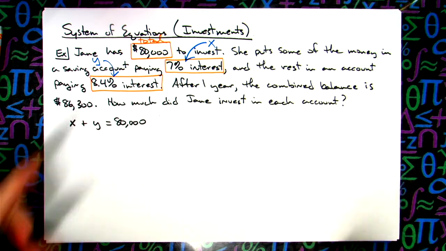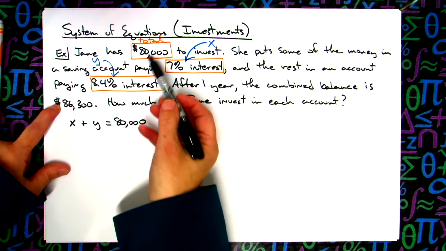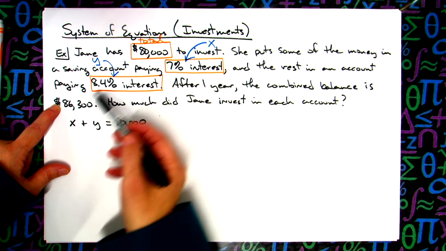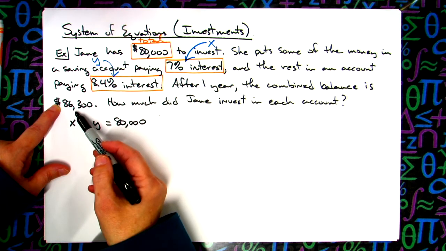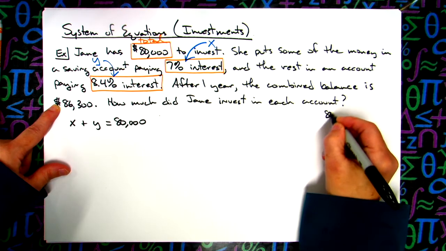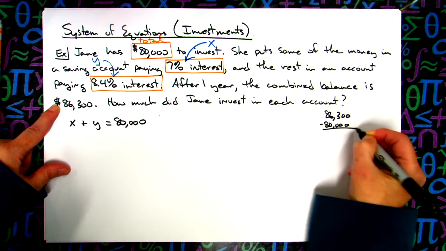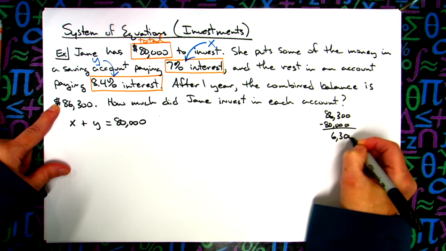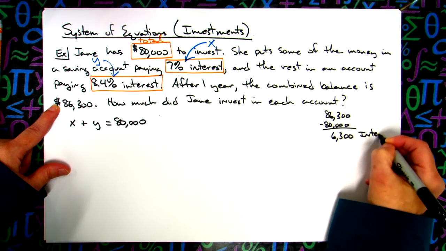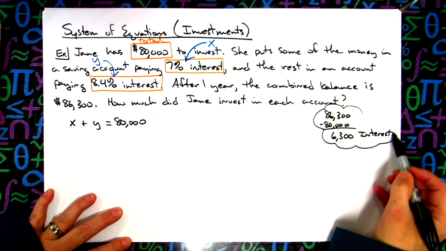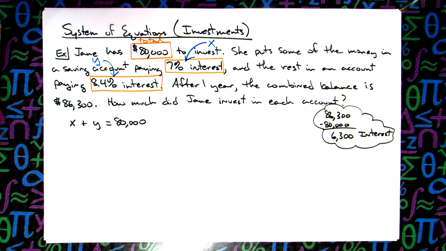If the balance in both those accounts is this much money, how much money did she get in interest? $6,300, because she started with $80,000 and now the combined balance is $86,300. So $86,300 minus the $80,000 means that she had $6,300 in interest. That's just something you're going to do in your head, but I wrote it down because it's the first time we've done it here.